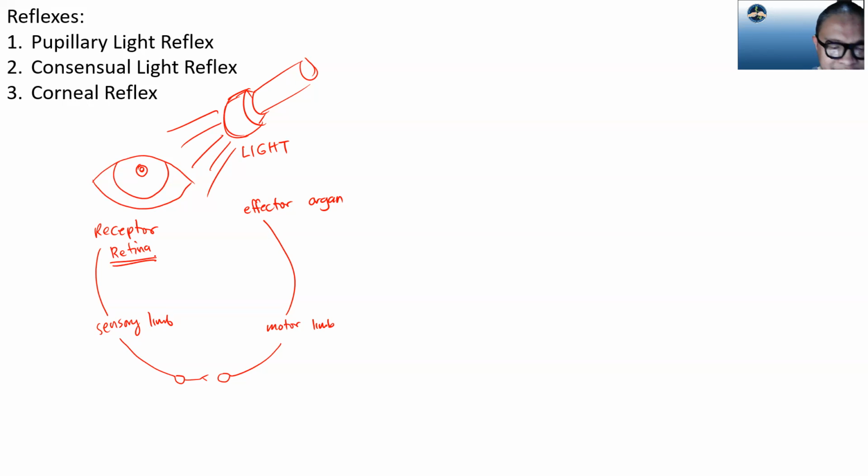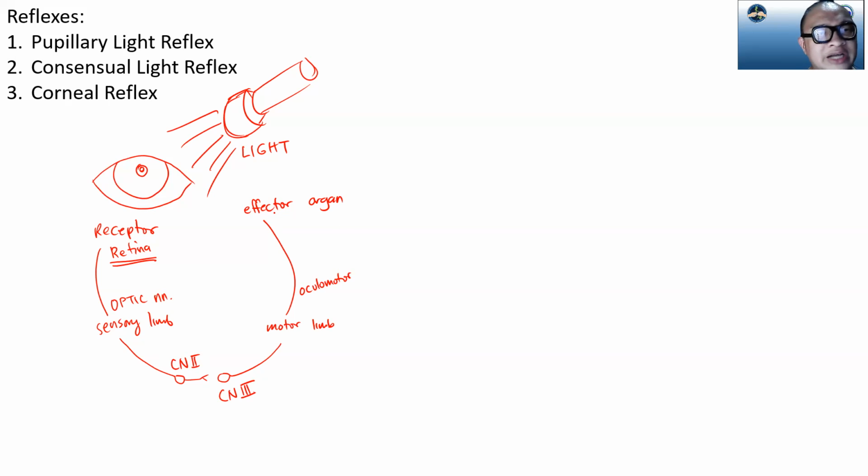And what's your nerve? That's your optic nerve. And this is your cranial nerve 2 nuclei. And then it will synapse with your cranial nerve 3 nuclei and your cranial nerve 3 nerve, your oculomotor.